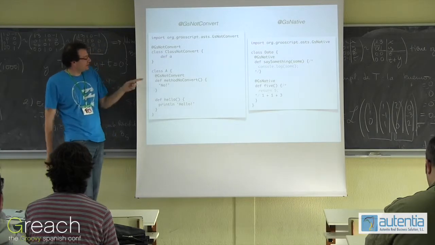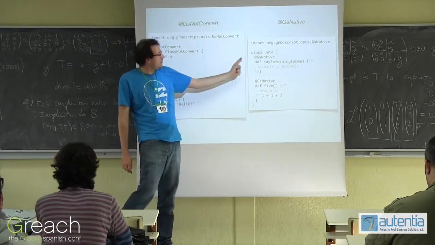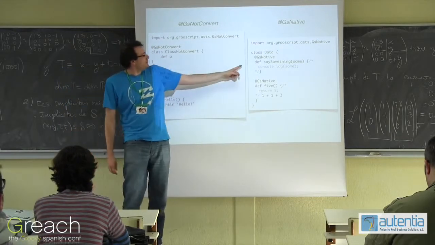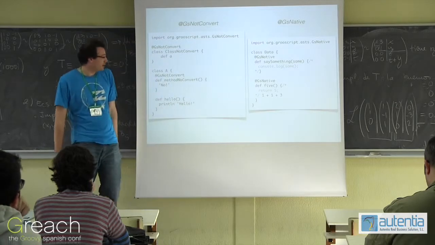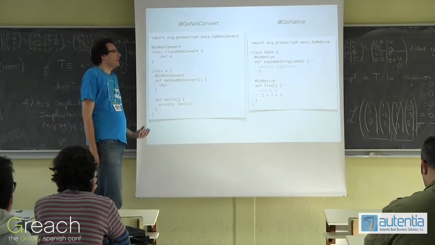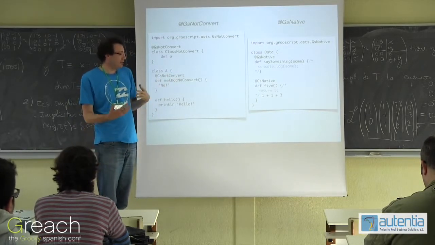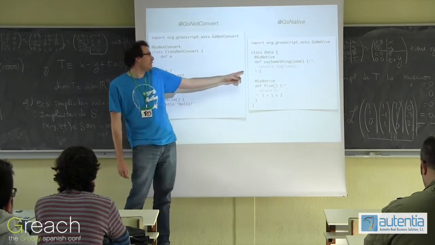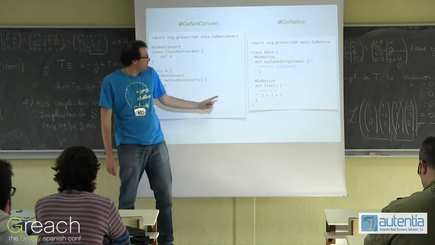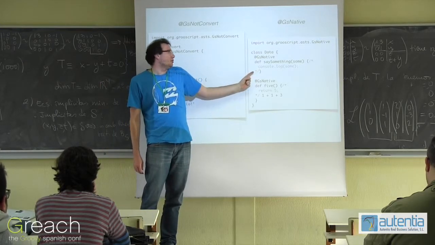I haven't used this annotation too much, but I have used that annotation, GsNative. When Grooscript meets that annotation, it will put that JavaScript code. As you see here, it is just JavaScript code.